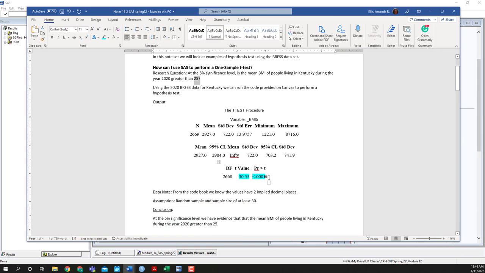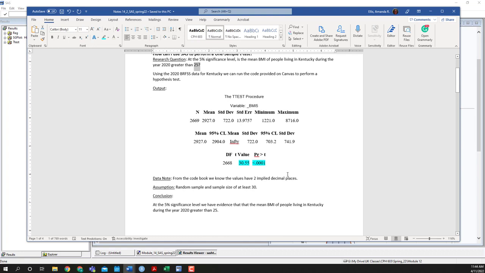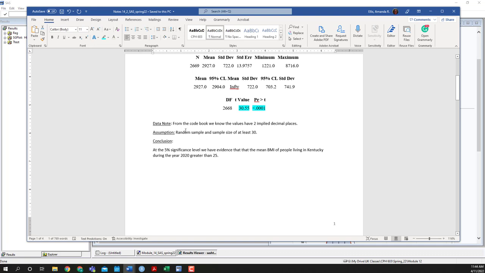Notice our p-value is less than 0.0001, therefore it is less than 0.05, and our results are going to be significant. We've got a couple data notes and checking our assumption. So our conclusion here is at the 5% significance level, we have evidence that the mean BMI of people living in Kentucky during the year 2020 is greater than 25.